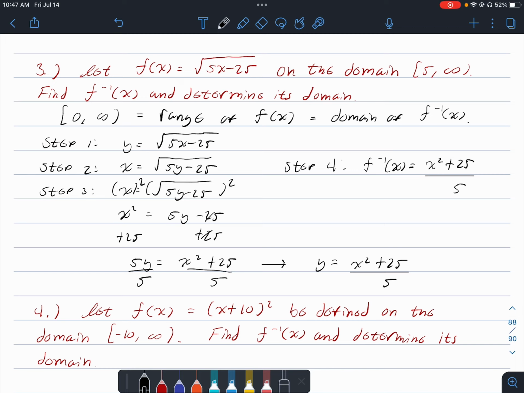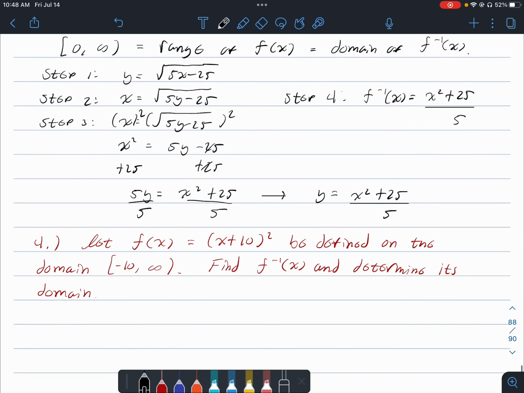Any other inputs that are not in the domain that we've defined here, we are now leaving its construction as an inverse of f of x. It's now a different function, I guess you could say. So as long as we're on this domain, we can think of the inverse of the square root of 5x minus 25 as x squared plus 25 over 5. That's the way that makes sense.